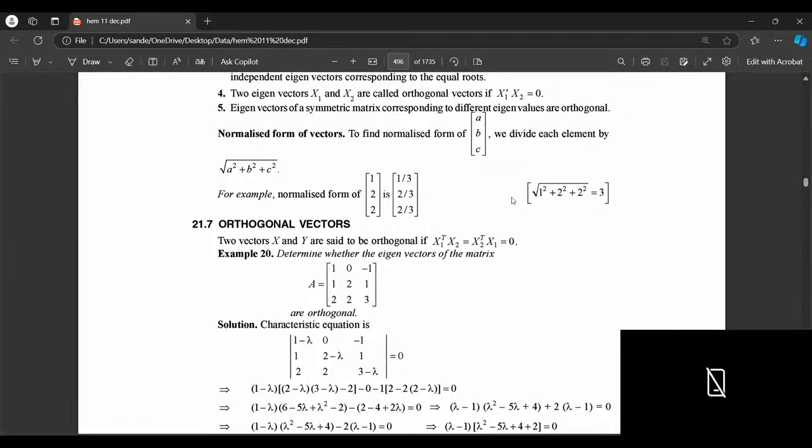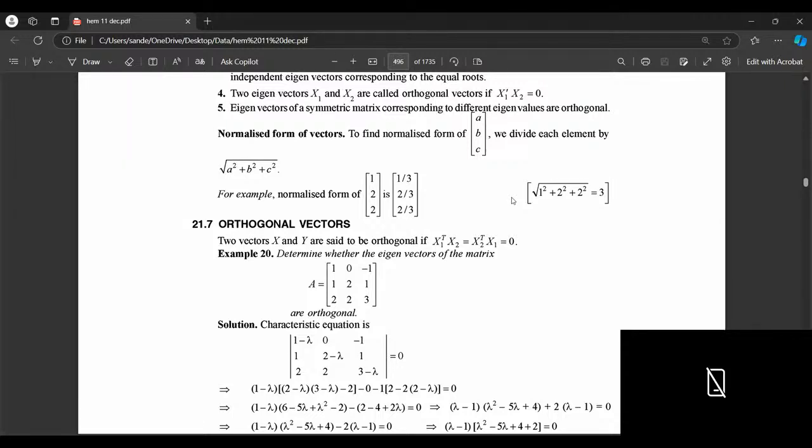Yesterday we were here, orthogonal vectors. You know which vectors are said to be orthogonal. Two vectors x and y are said to be orthogonal if x1 transpose x2 equal to x2 transpose x1 equal to 0.